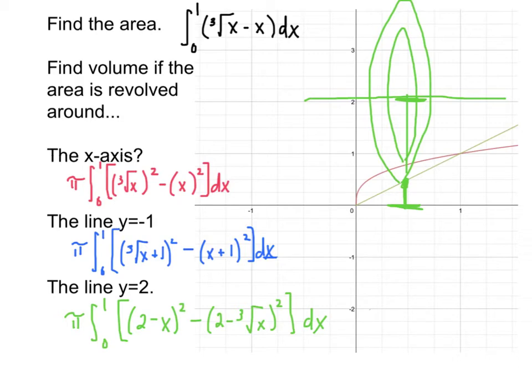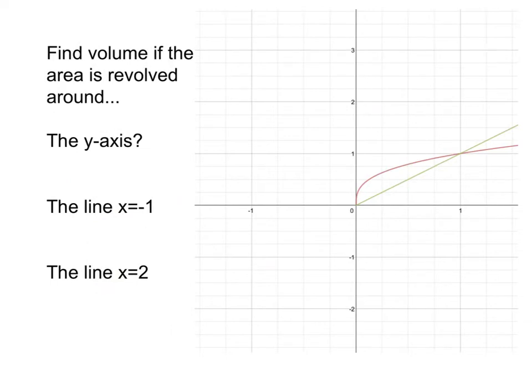Okay? These are the most common types of revolutions, but let's also talk about them if we were revolving around the y-axis. So if we revolve the same thing around the y-axis, now we're talking about it looking something like this, when we revolve it around. We have to change our functions.